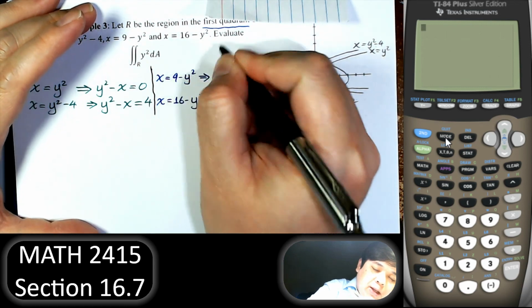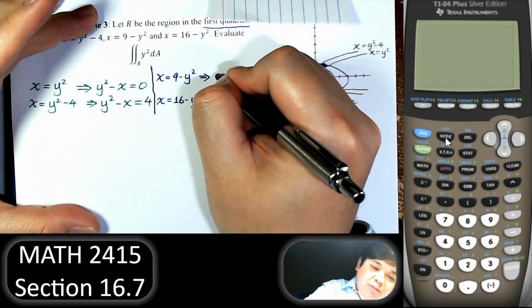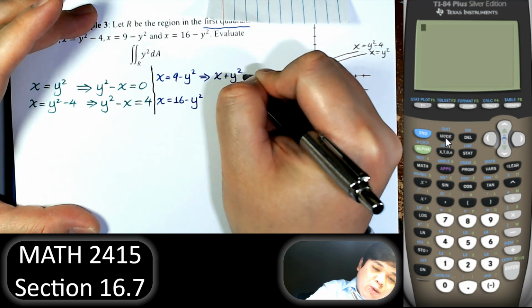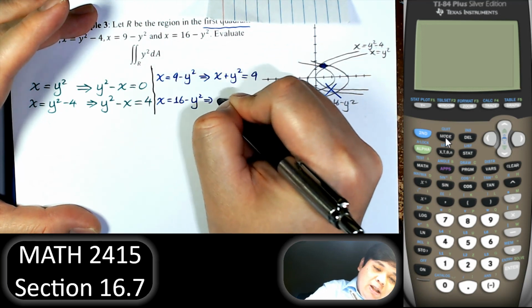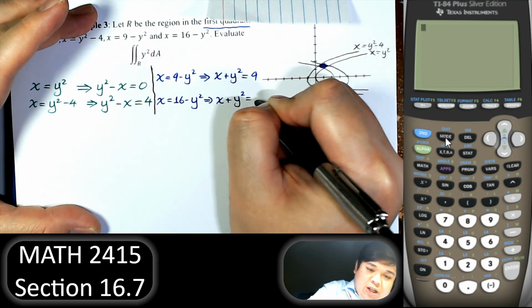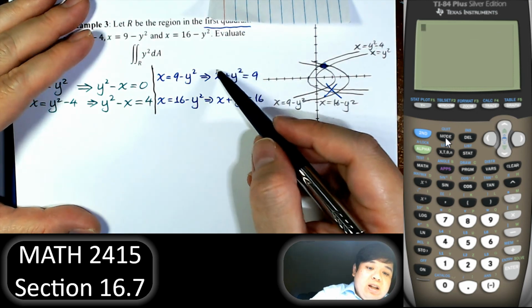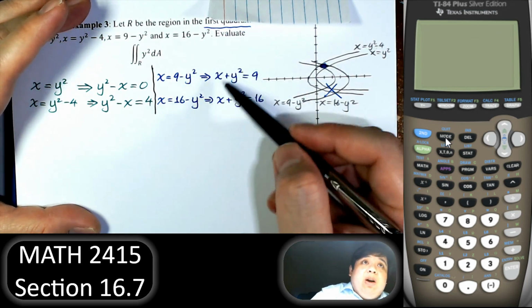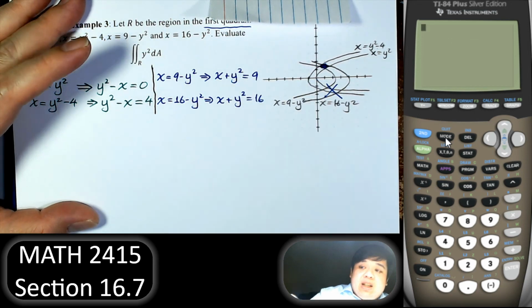So let's move the y squared to the other side. So x plus y squared equals 9, and x plus y squared equals 16. So the idea here is we try to get something common on the left hand side, where the right hand sides are just numbers.